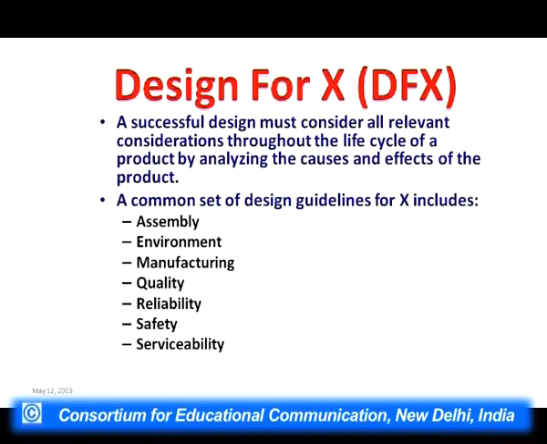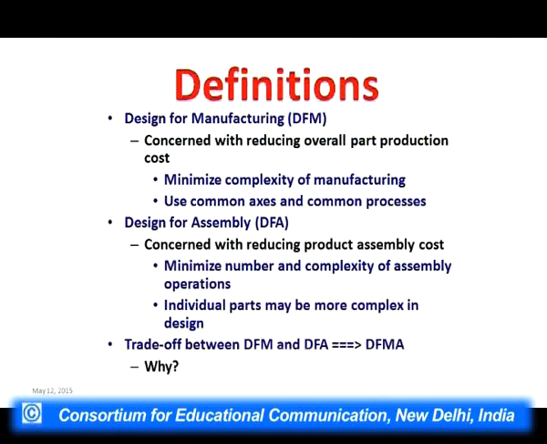So, then we will say quality. When we say quality, design for quality, design for assembly, design for environment, and similarly design for safety, design for serviceability. And today we shall be discussing design for manufacturing, and this is known as DFM. X is replaced by M, that is why it is design for manufacturing.